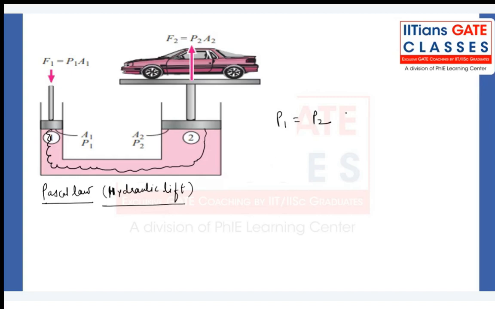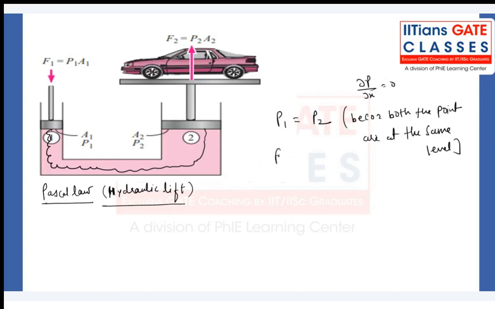Because both the points are at the same level. Dou P by dou X equal to 0, right? There is no variation of pressure in the X direction. So what we can write, P1 is what?